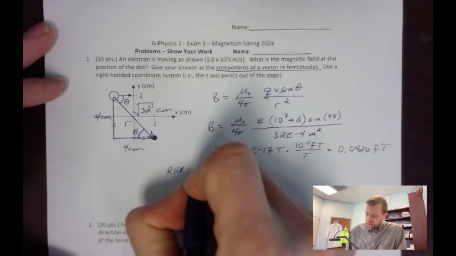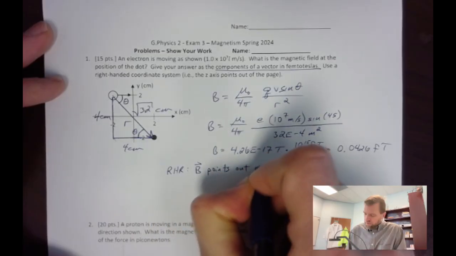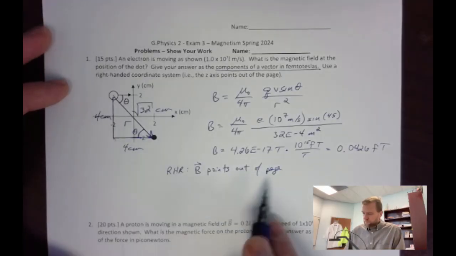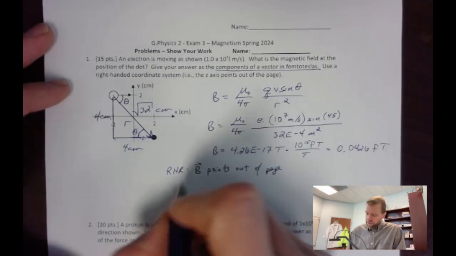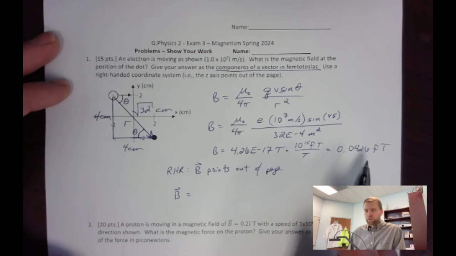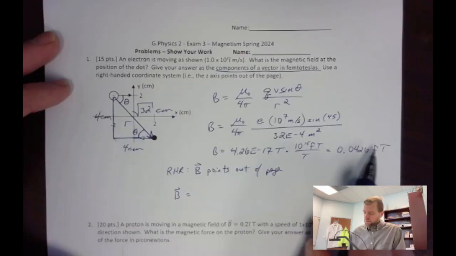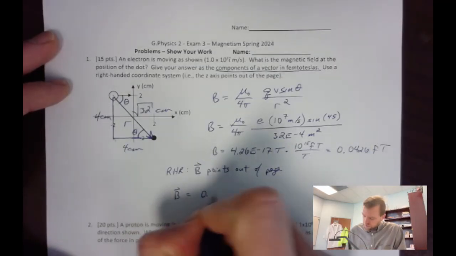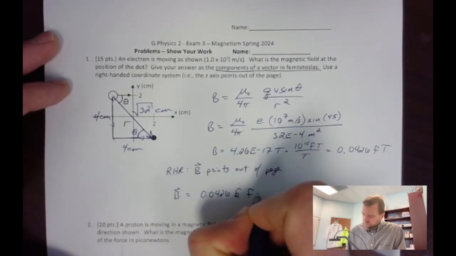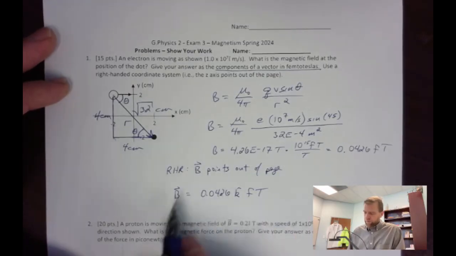So B points out of the page because it's an electron. Then we can rewrite B in terms of components. All of B is in the z direction, so it's 0.0426 k hat femtotesla. We can write that in component form, and that would be our answer.